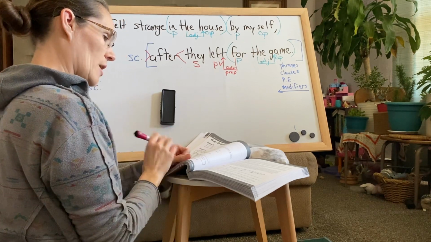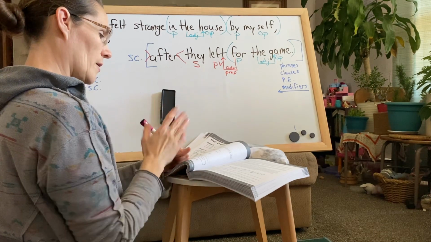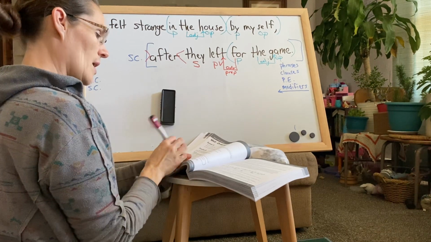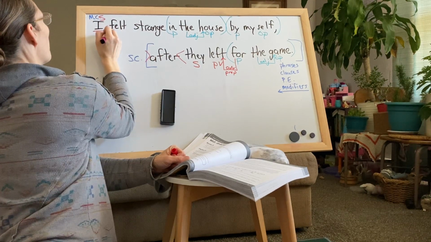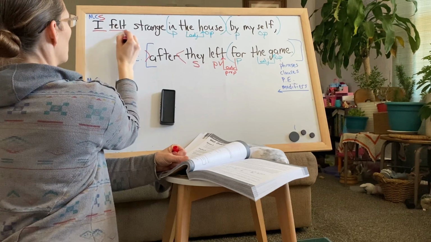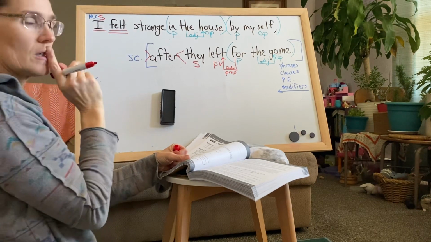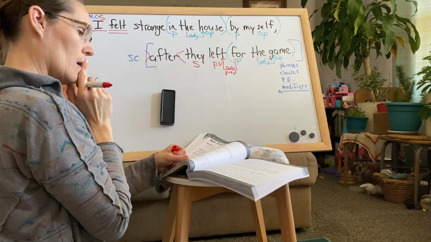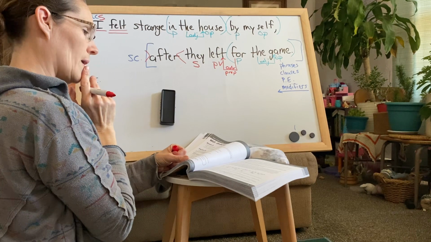I felt strange in the house by myself after they left for the game. This sentence is declarative because it's making a statement. This sentence is about I. And I what? Felt strange. Felt strange is the whole predicate part.